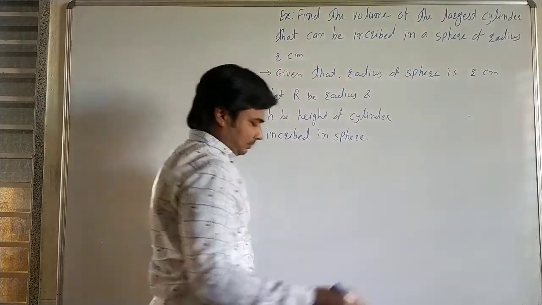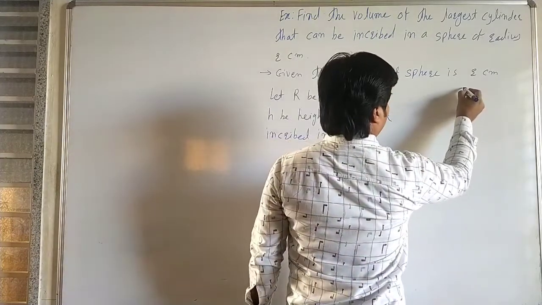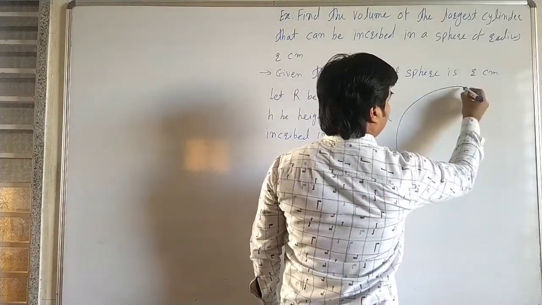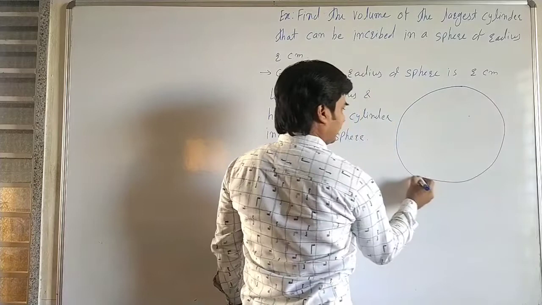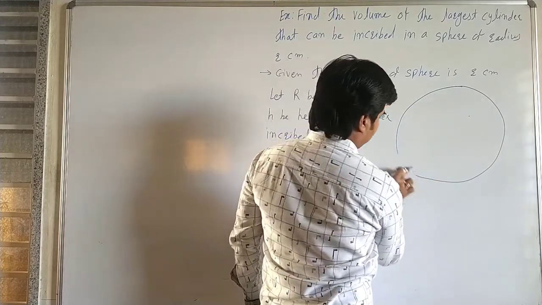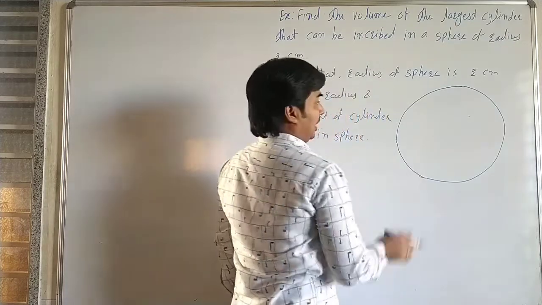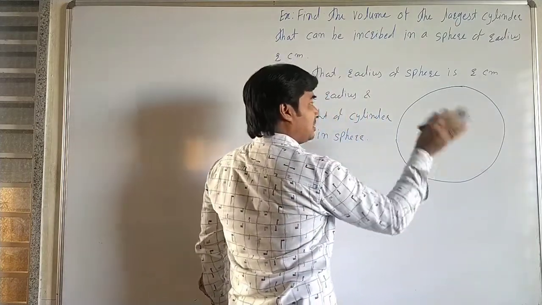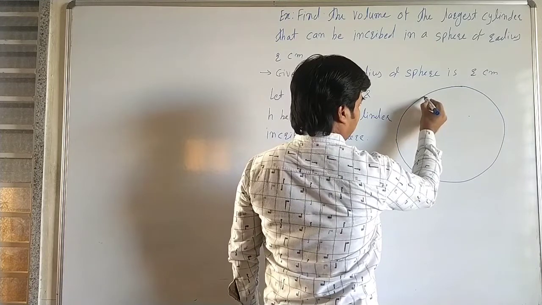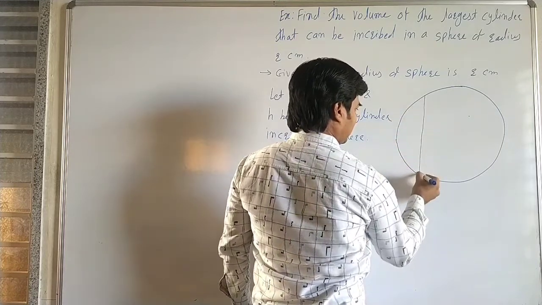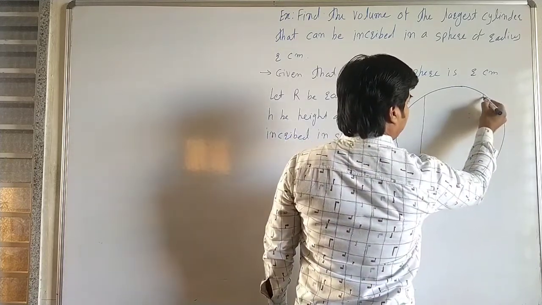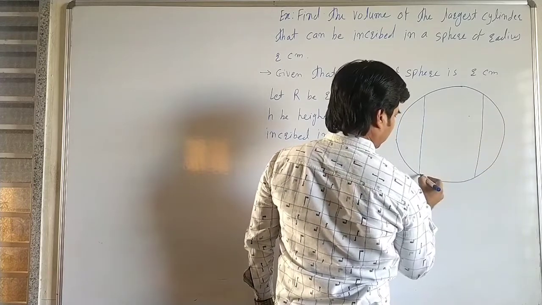Okay, now here it is a sphere, and a cylinder inscribed in the sphere. Now we draw the cylinder inscribed in the sphere here.